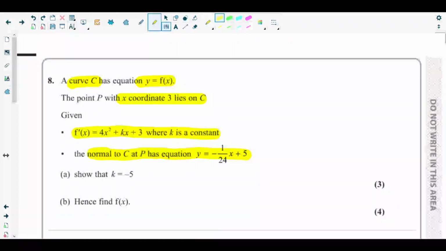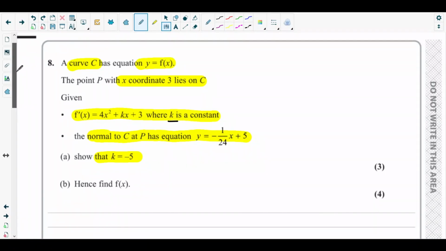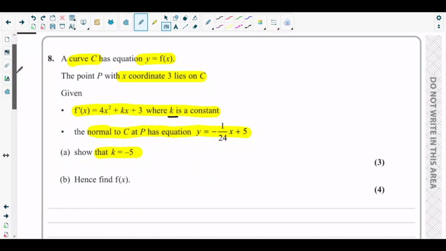So part A is asking us to show that k equals negative 5. Here the gradient function is given and the equation for the normal is given, right?